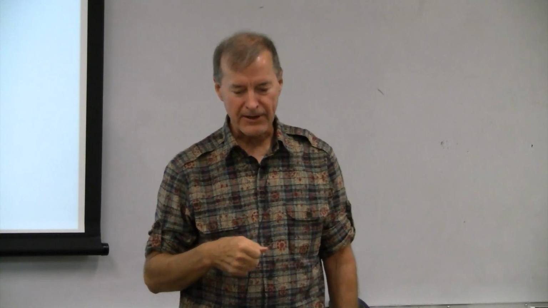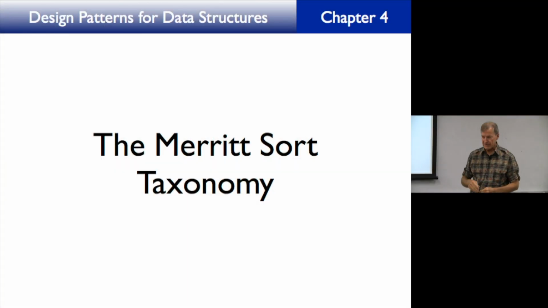What are the 3 goals of this course? What was the first one? Data structures, C++ programming, and object-oriented design patterns. And so what we're going to concentrate on is a particular object-oriented design pattern to implement the Merritt sort taxonomy for sorting.